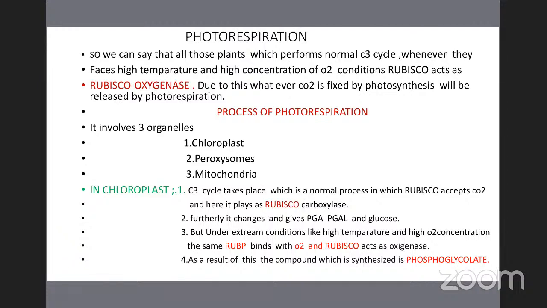Then coming to photorespiration, we can say that all those plants which perform the normal C3 cycle, whenever they face a high temperature and high concentration of oxygen, under these conditions Rubisco acts as Rubisco oxygenase or RuBP oxygenase.